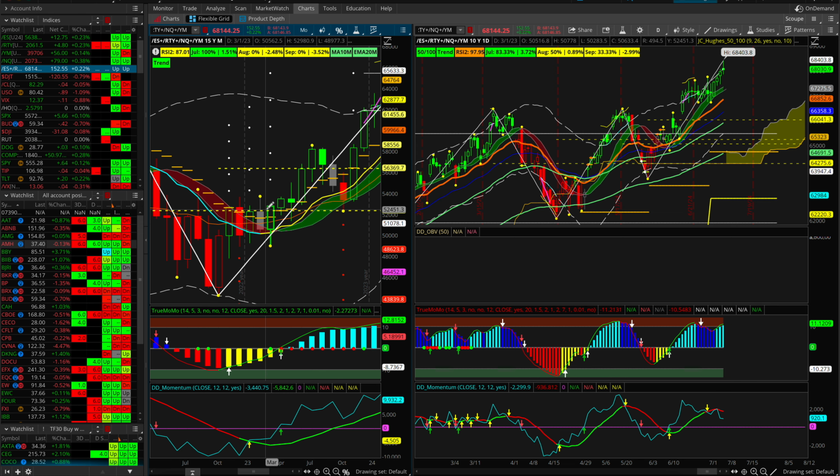And this would be a continuation bar. But you can see that off of this first buy signal, we would have gone up one, two, or three of these targets, and we would have hit the third target, and then we would have got stopped out.